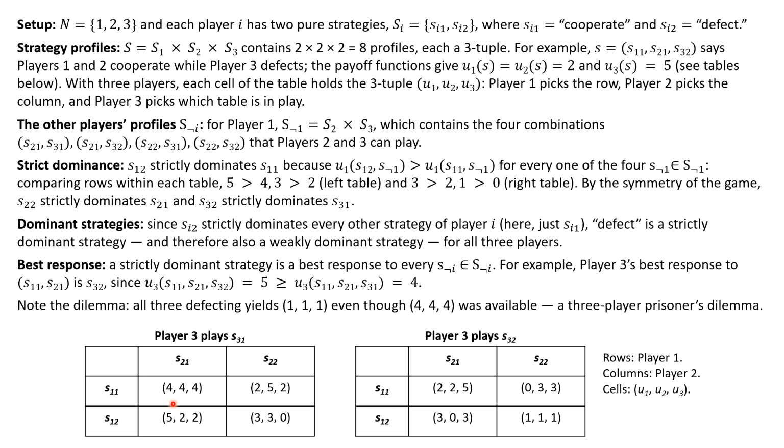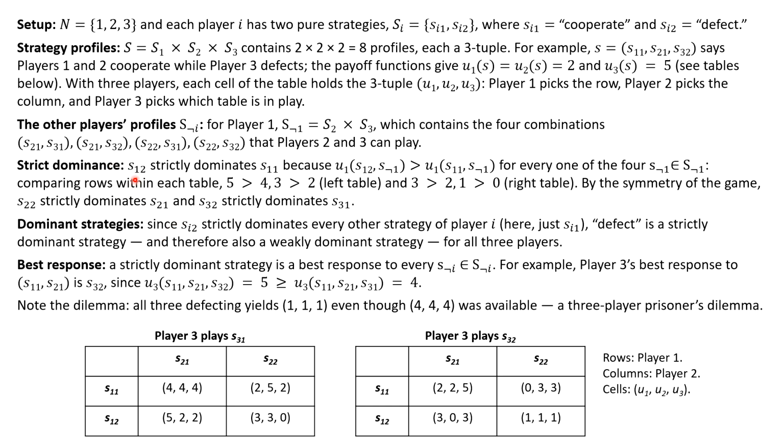So we have to look at the first entry. 5 is bigger than 4, 3 is greater than 2, 3 is greater than 2, and 1 is greater than 0. So that's true. In the case of player 1, strategy S12 strictly dominates S11. So player 1 would go for the strategy S12.